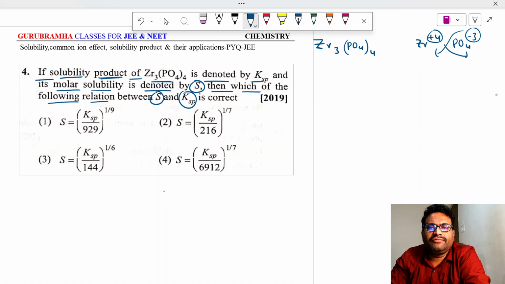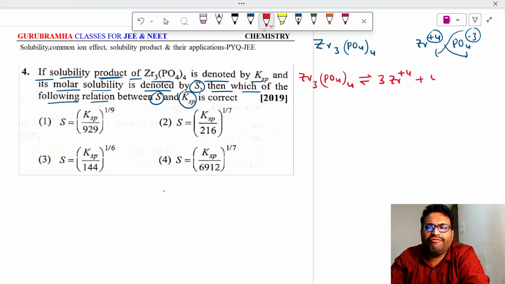So on dissociation, what do you get? Zirconium phosphate is a sparingly soluble salt because Ksp is asked. So it gives 3Zr plus 4 and 4PO4 minus 3.